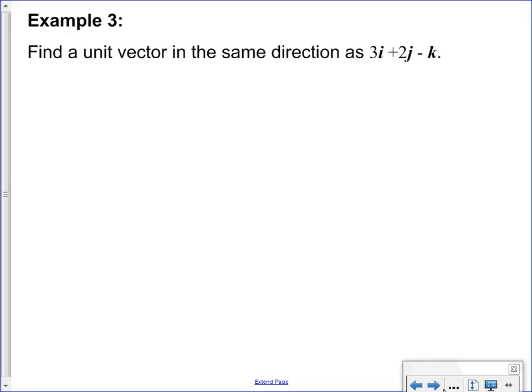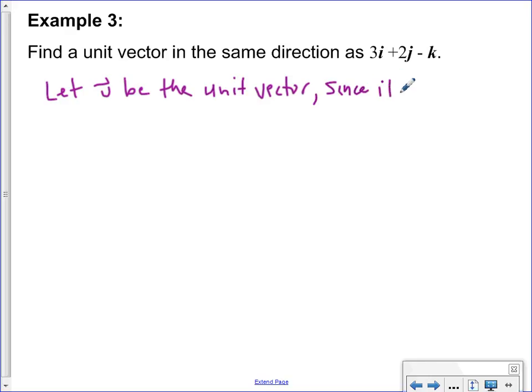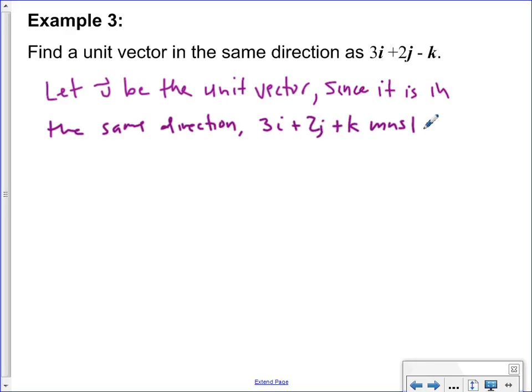So if you let v be the unit vector, since it's in the same direction, then 3i plus 2j plus k must be a scalar multiple of v.